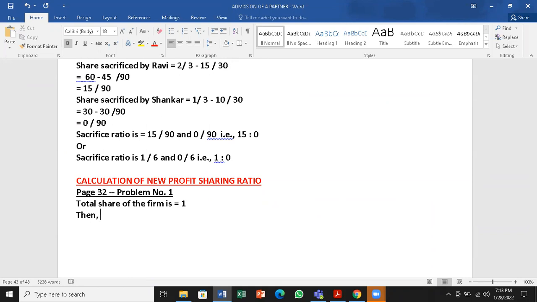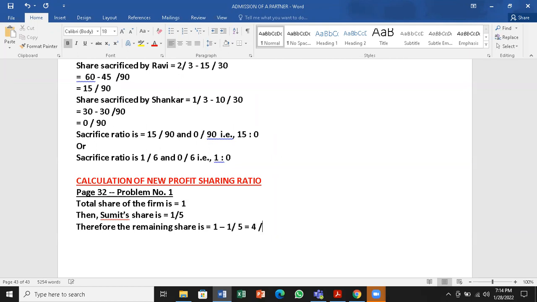Then Sumit share is 1/5. Therefore, the remaining share is 1 minus 1/5.